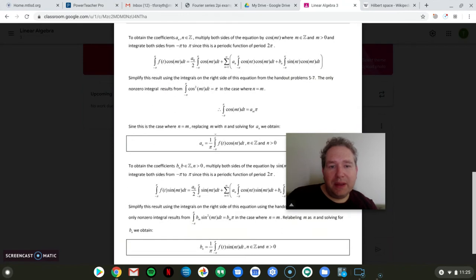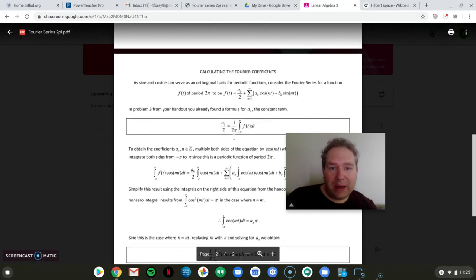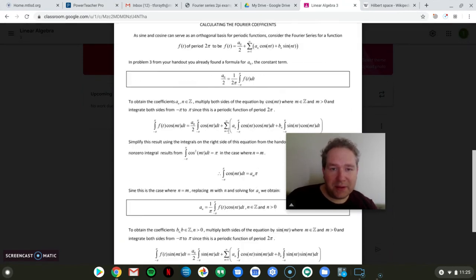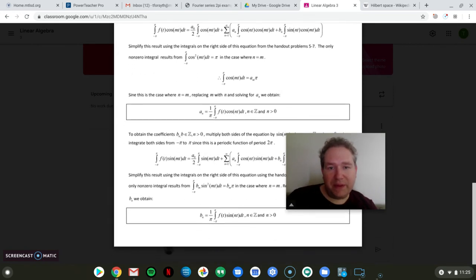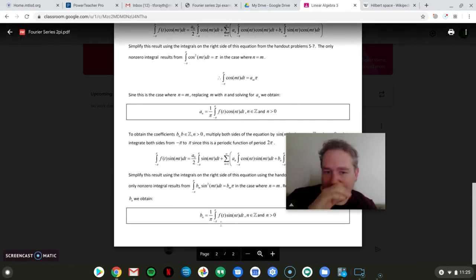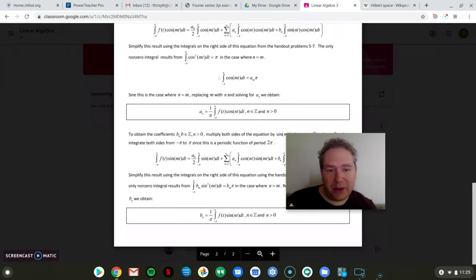So basically these coefficients can be calculated. There's this formula for the initial constant term. There's this formula for all of the cosine coefficients, or scalars if you want. And then this formula for all of the sine scalars.